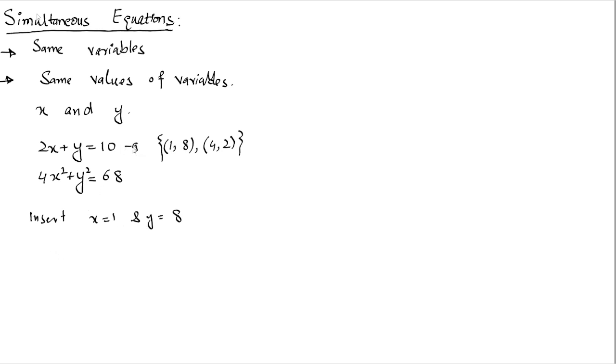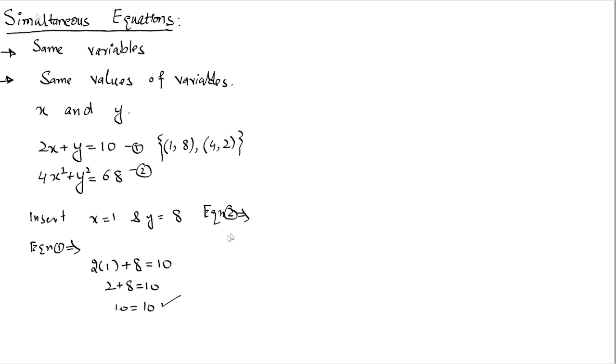Let's say this is equation number 1 and this is equation number 2. Equation 1 implies that 2 into 1 plus 8 is equal to 10. 2 plus 8 is equal to 10. 10 is equal to 10, which means x is equal to 1 and y is equal to 8 satisfies the first equation.